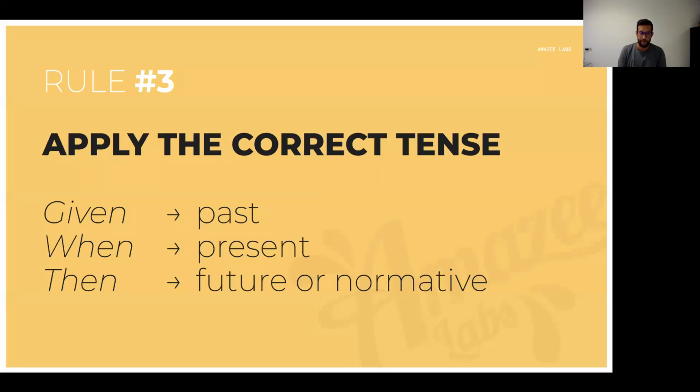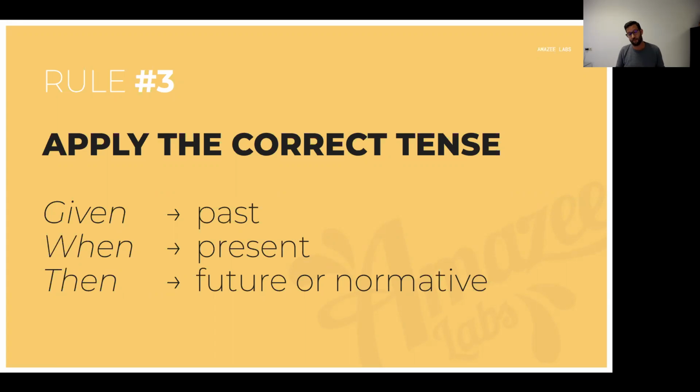Rule number 3, apply the correct tense. So in our example before, every line was written in the present, but humans unconsciously digest information about time in language, and it helps us to put things into order.